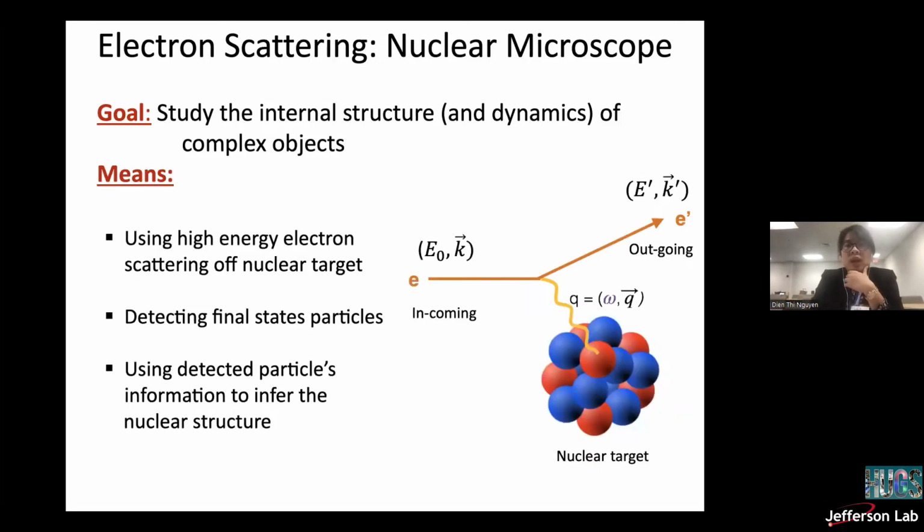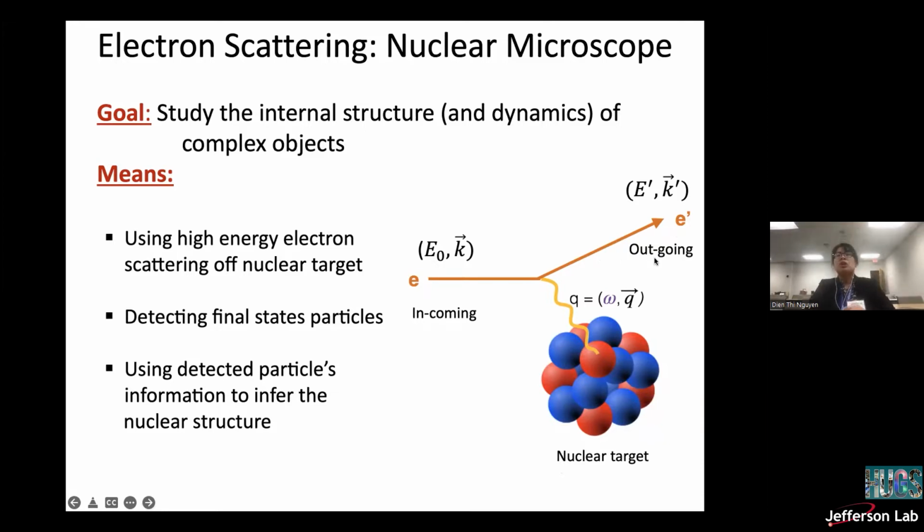It means that we will use a high-energy scattering electron. You can see it here: a high-energy electron with a four-momentum vector comes in and scatters off from different nuclear targets, which can be any type of target, through the exchange of a virtual photon with the four-vector we call Q, and scatters off with an outgoing particle.